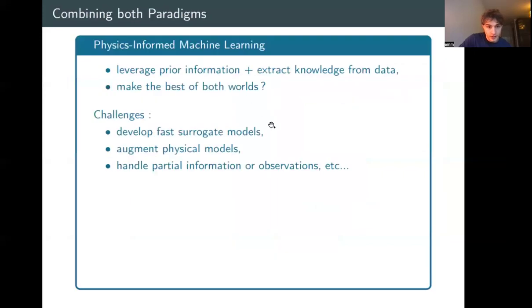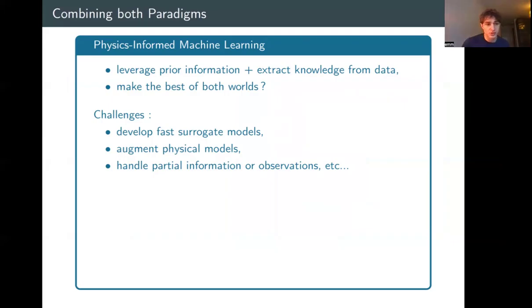So here's where physics-informed machine learning comes in. We want to leverage the prior information that we have, the scientific knowledge, and extract knowledge from data, hopefully to make the best of both worlds.